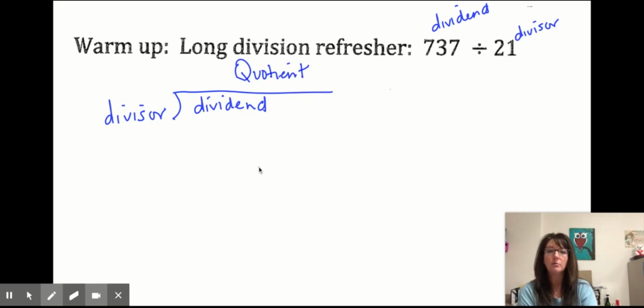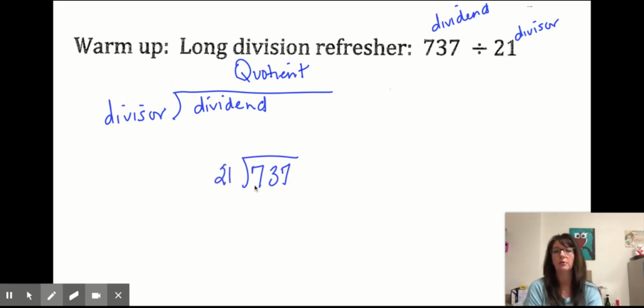Okay, so we could put the 737 under the division bar, the 21 on the outside, and we followed this algorithm. We basically try 21 into 7, we can't do that, so we have to take the next place value and take 21 into 73. And trial and error, use a calculator, whatever you want to do.